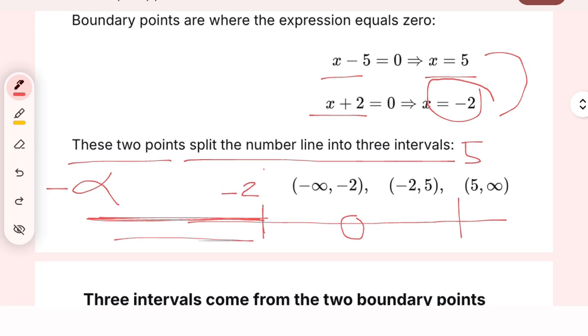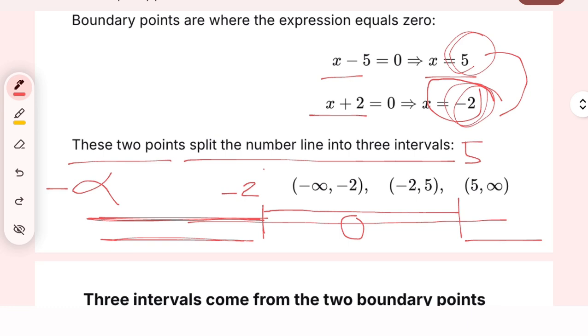The second interval is from negative 2 going to 5. And the last interval is from 5 going to positive infinity. Therefore, 5 and negative 2 divided our number line into 3 intervals.